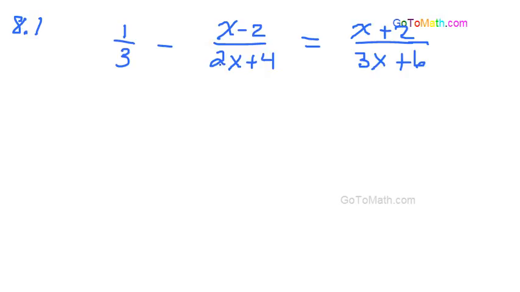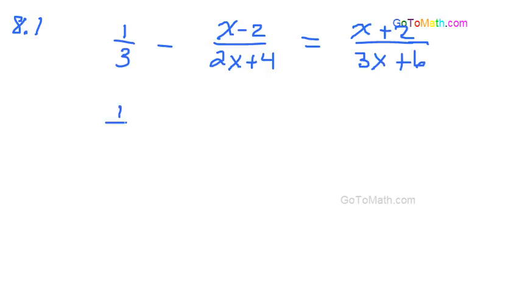If you noticed, we have 2x plus 4 and 3x plus 6. Now if I factored out a 2 here, we'd end up with 2 times (x plus 2), and then of course factoring out a 3 would give 3 times (x plus 2). So we'd have an x plus 2 and an x plus 2.